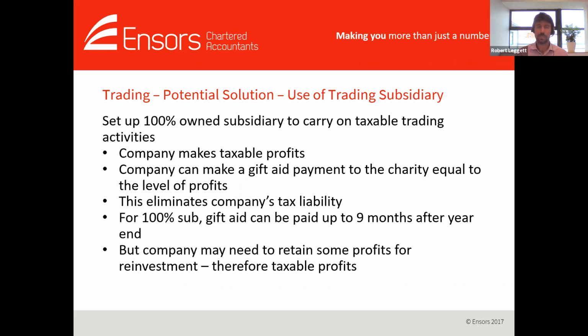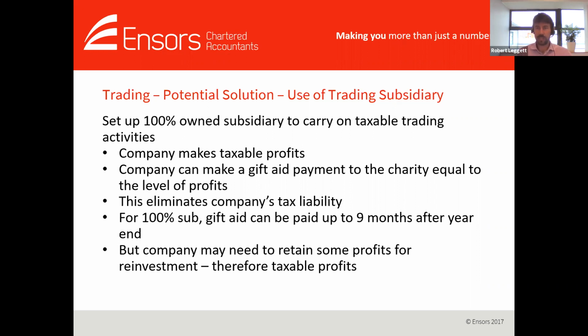And the logic of putting a taxable trade into a trading subsidiary is that the company makes the profits and they're liable to corporation tax, but the company can make a gift aid donation to the charity that equals the level of taxable profits. The gift aid donation is deductible, so that can eliminate the company's tax liability.